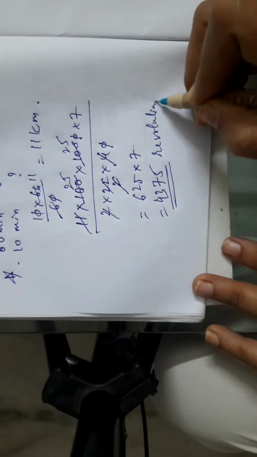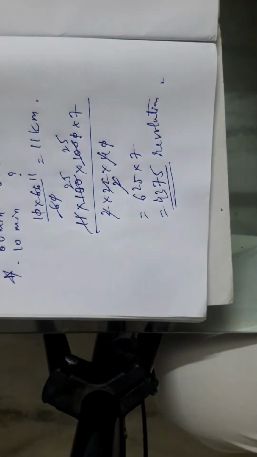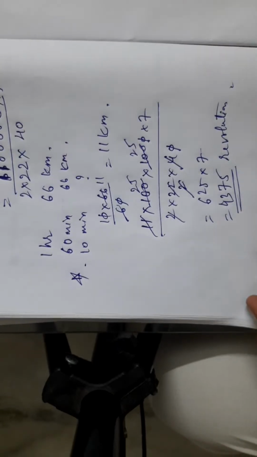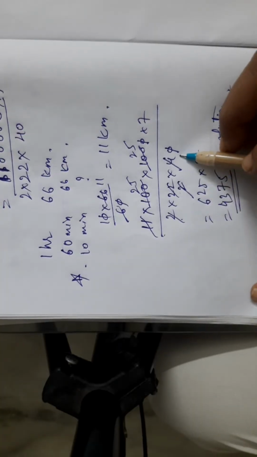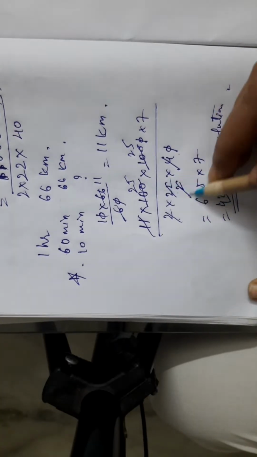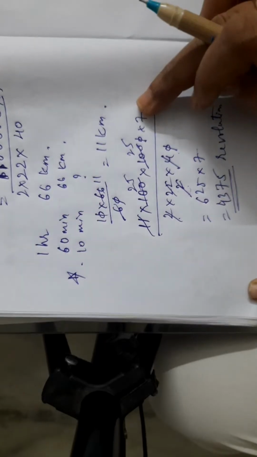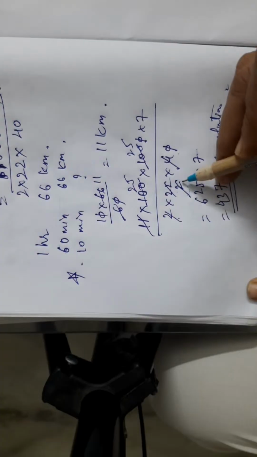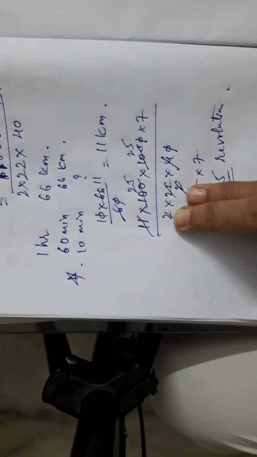Is it clear? Vivek, is it clear? 2 will not be cancelled. Why will it not be cancelled? See here, 2 pi r, where 22 by 7 is the pi value. 7 will become the reciprocal. I cancel this 11. 11 twos are 22. 2 and 2 are there. 2 twos are 4.